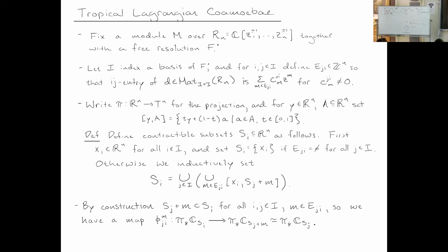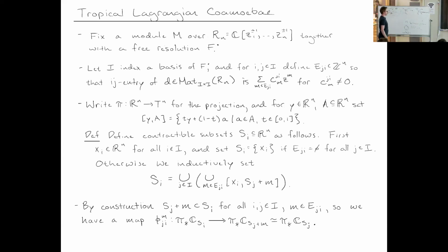Because of this containment, if S_j plus m is contained in S_i, I have a restriction from the constant sheaf on the bigger thing to the constant sheaf on the smaller thing. And then I can push that forward to the torus. After pushing forward to the torus, that integral translation doesn't matter.